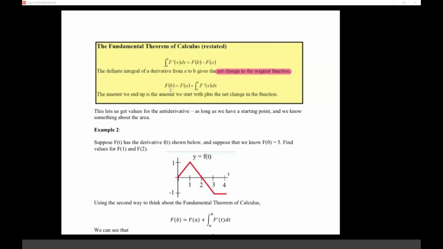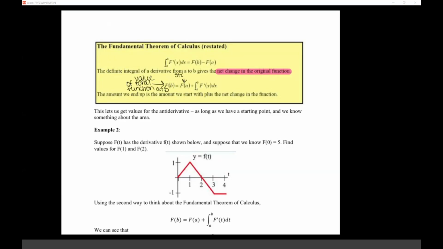So sometimes this is another way to say it, okay? The value of the total function at B is whatever you started with, okay? So this is value of the total function. Let me put words in here. Okay, and I'm using total function to be the antiderivative, okay?